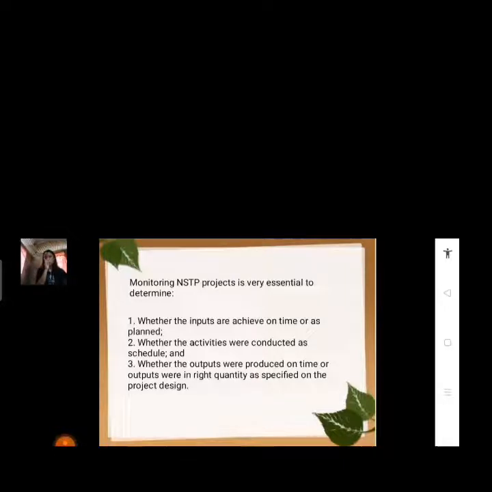Whether the outputs were produced on time or the outputs were in the right quantity as specified in the project design.